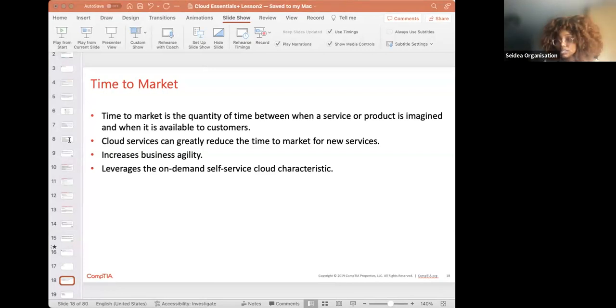If there is a change in demand, you can quickly respond to it, because of that rapid elasticity that we talked about. And being able to reduce development and testing delays, because the infrastructure provisioning is immediate. Why? Because it leverages that self-service cloud characteristic.